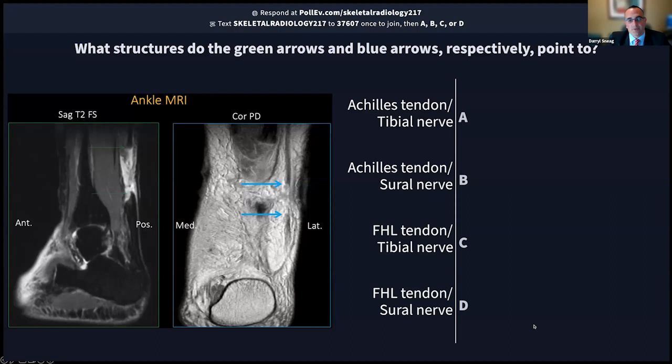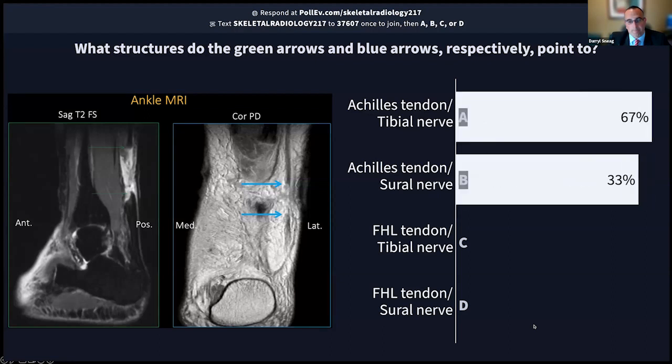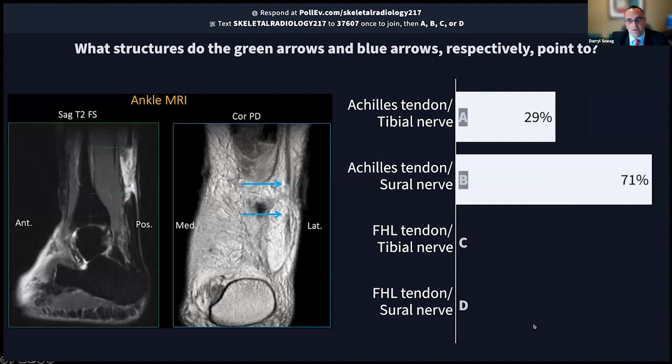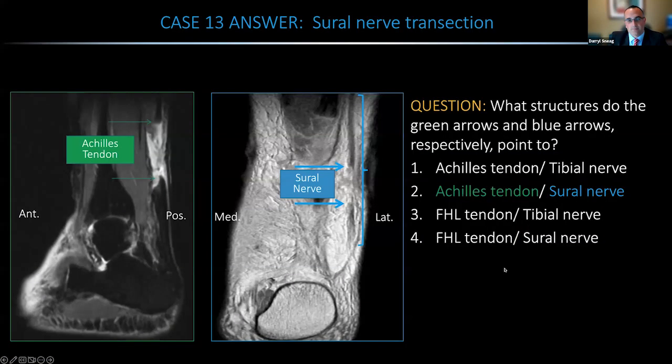So let's go through the poll. Good. So the majority of you have the sural nerve. The clue here is the labeling.